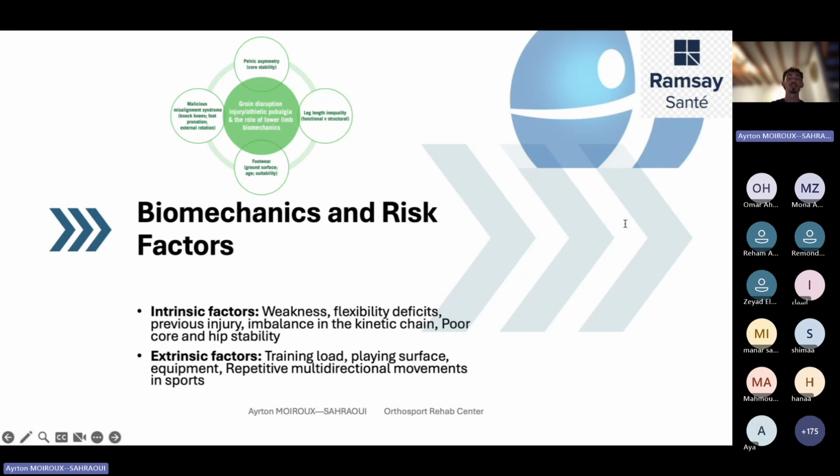Athletes who push through pain or fail to modify their training based on early symptoms are at a higher risk of chronic issues. These biomechanical factors not only help us understand why groin pain occurs, but also highlight the areas that need attention during both prevention, training, and rehab.